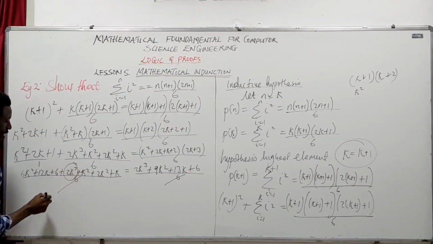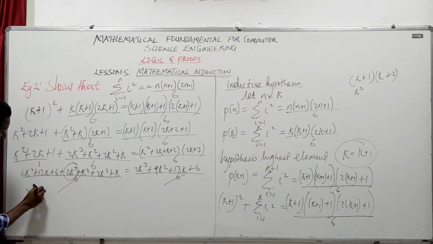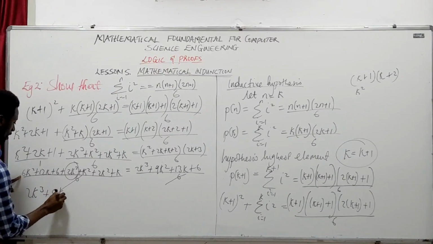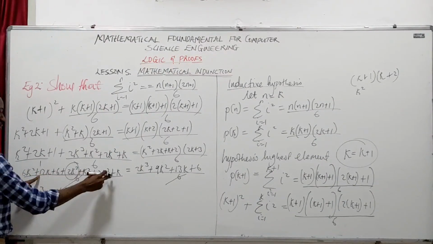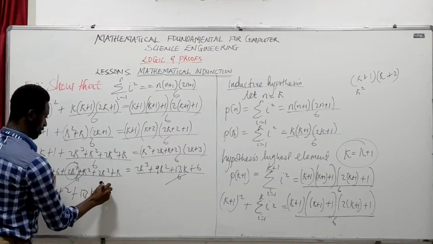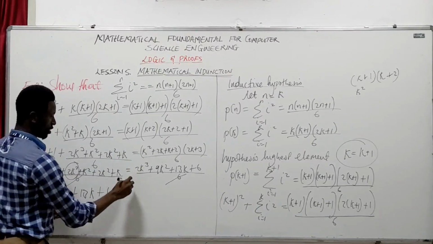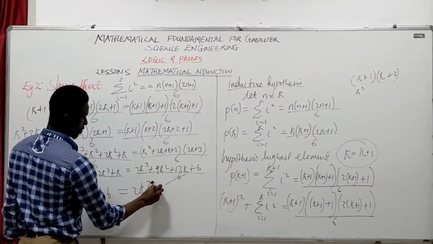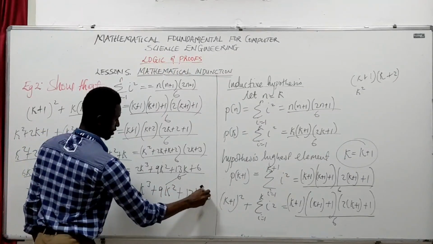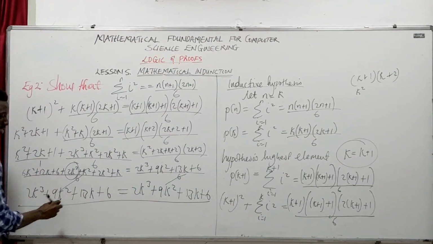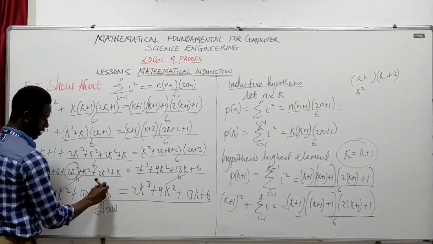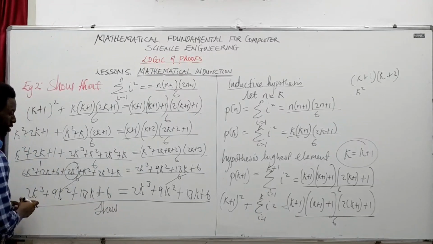But first we take the k cubed, so 2k cubed plus 9k squared, then 12k plus k becomes 13k, plus 6. Now this is equal to 2k cubed plus 9k squared plus 13k plus 6. Therefore, these two equations are the same. So the second part again shows that the equations are equal.